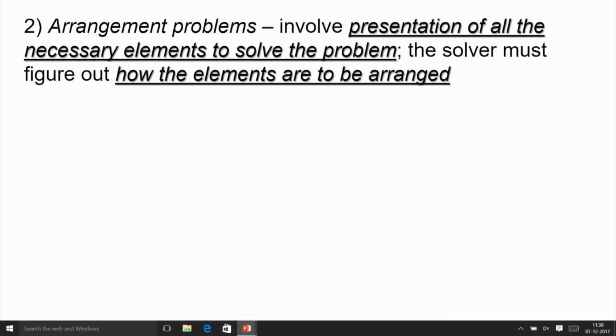What is the role of the solver then? He has to arrange all these elements together in a way that gives the final solution. So, you are given all the parts of how to solve a particular problem, and the only job of the person here is to arrange and rearrange everything so that the solution comes out of it.